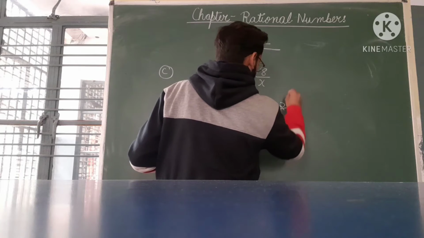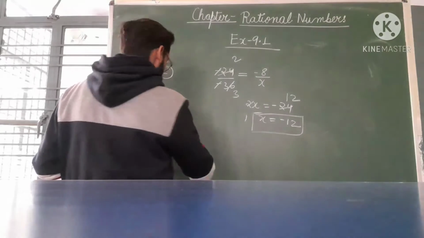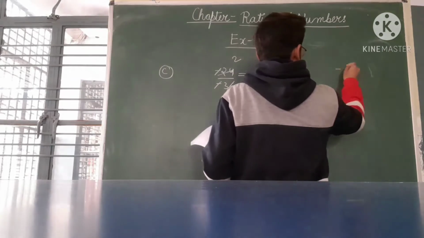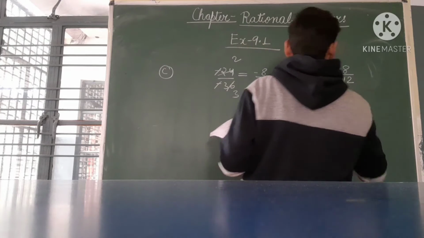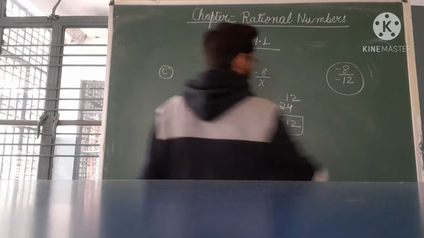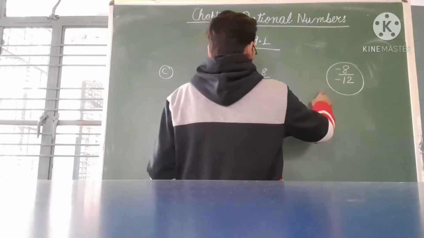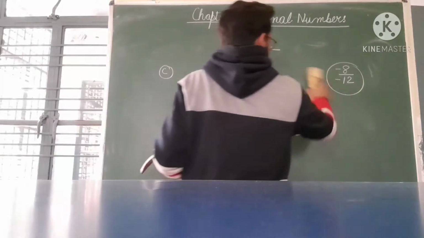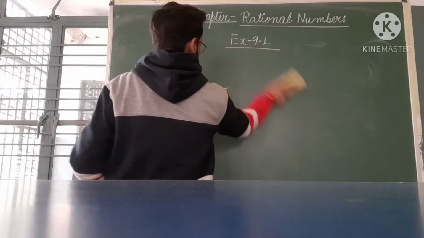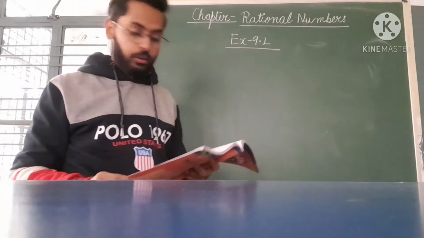We get x is equal to minus 12. Therefore, the numerator is minus 8 and the denominator has come out minus 12. So minus 24 upon minus 36 can be expressed as minus 8 upon minus 12. Okay, clear? Now question number 8, you can do it yourself the same way.